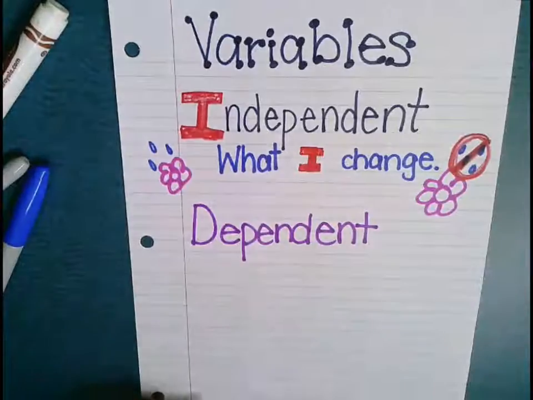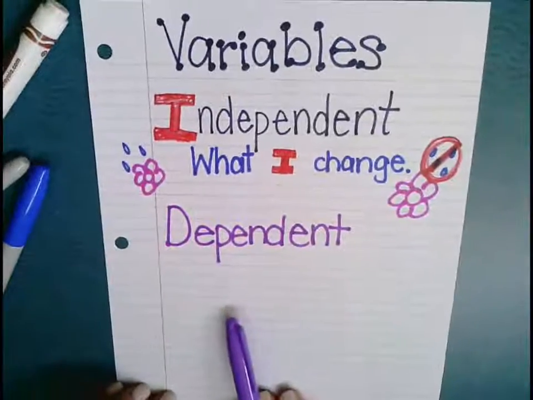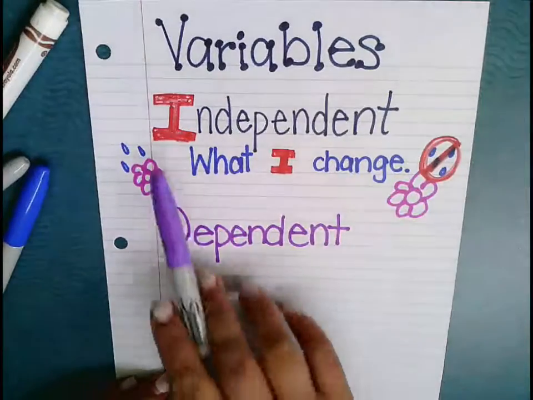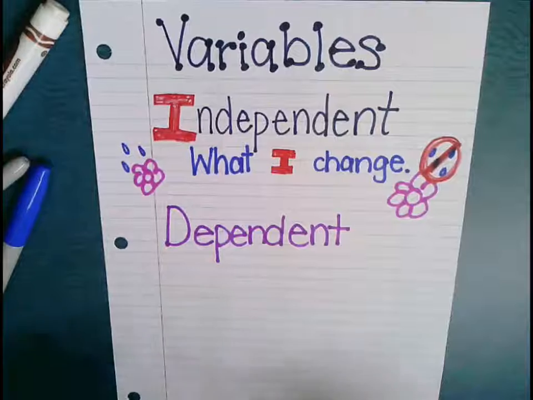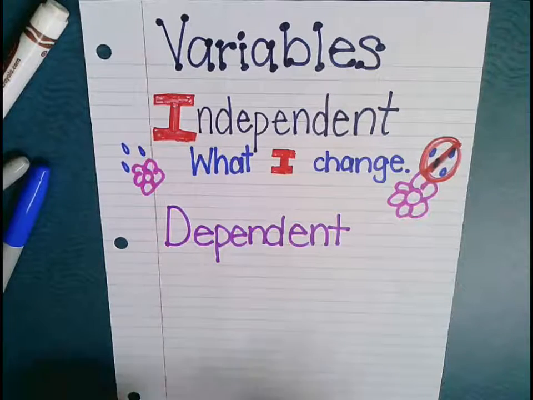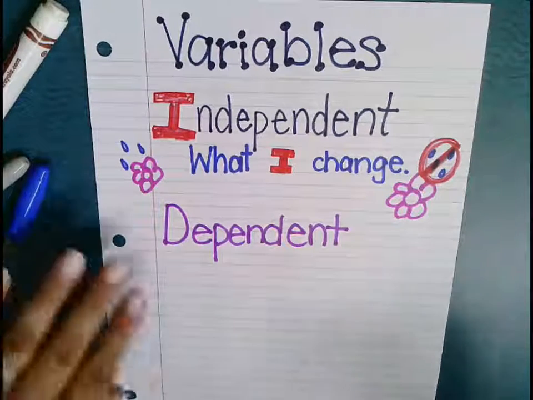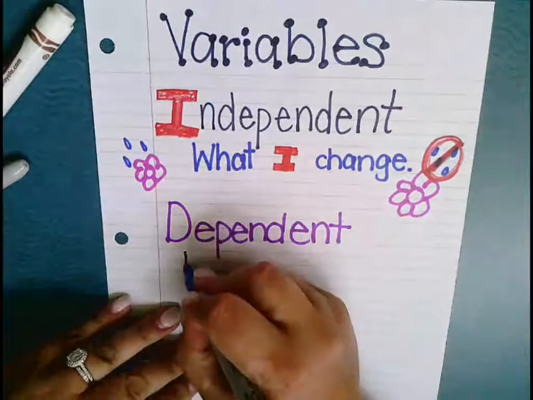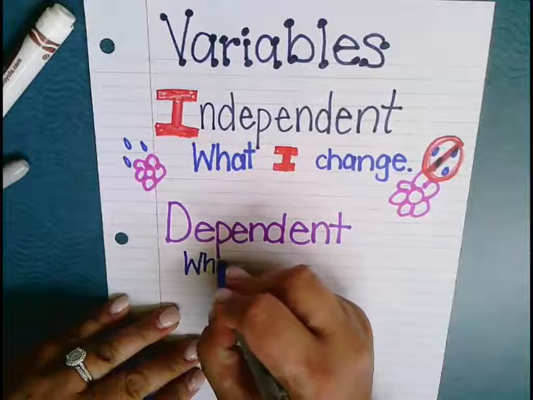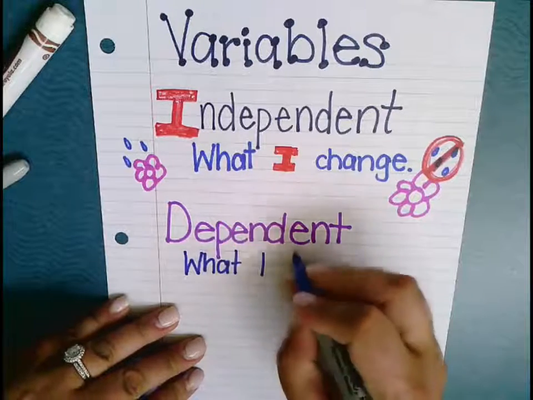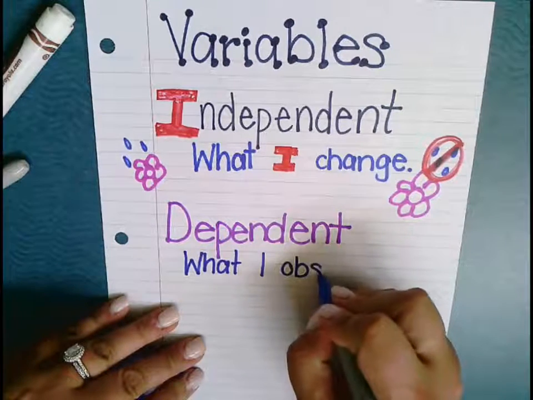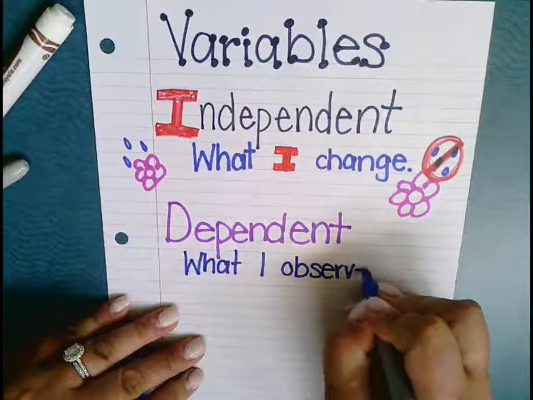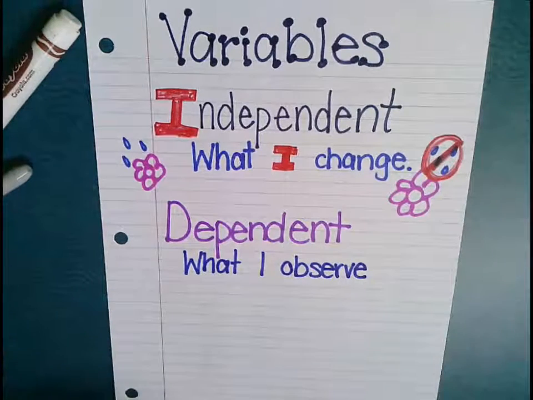Did the color of the plant depend on how much water it got? Did the height of the plant depend on how much water it got? So the dependent variable is what I observe. What did I see happening?